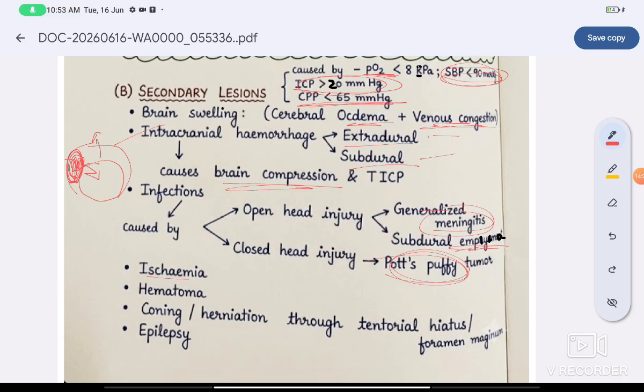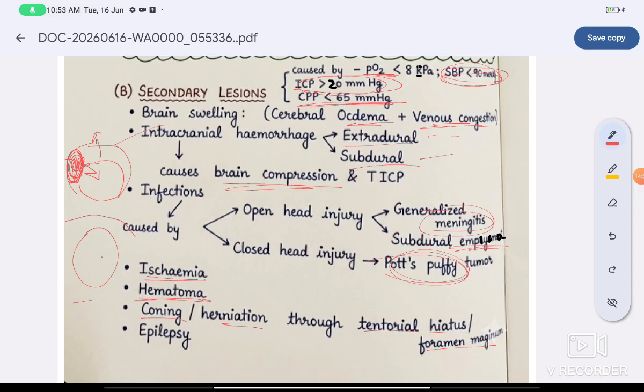Next comes ischemia. Ischemia is the lack of oxygen. Then there is hematoma. Hematoma is the pooling of blood that is spilled from a blood vessel. Then there is coning or herniation through the tentorial hiatus or foramen magnum. Coning or herniation means if you look at the base of the skull, there is a cavity known as the foramen magnum through which the spinal cord exits.